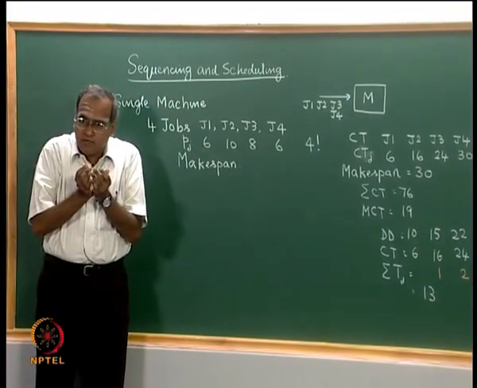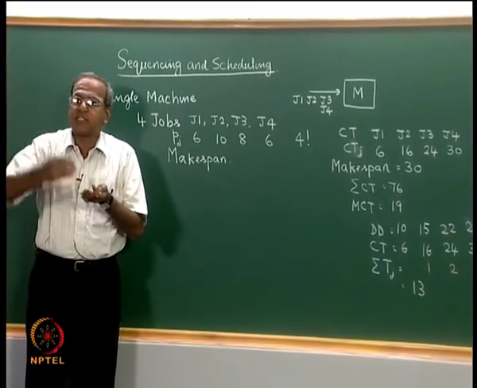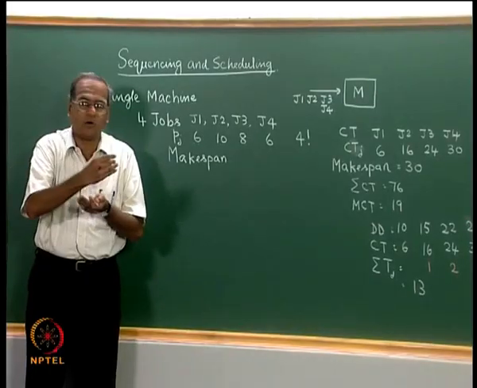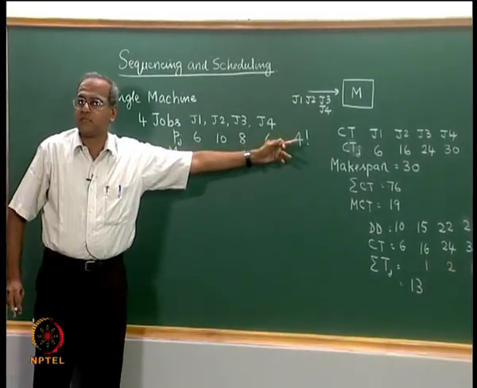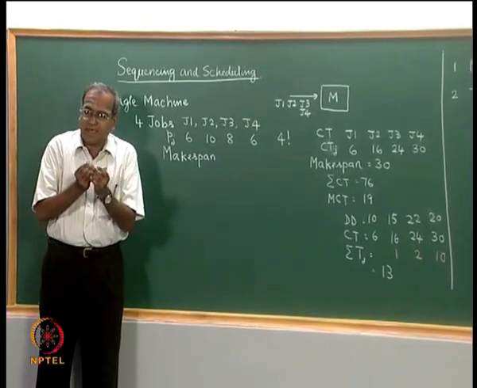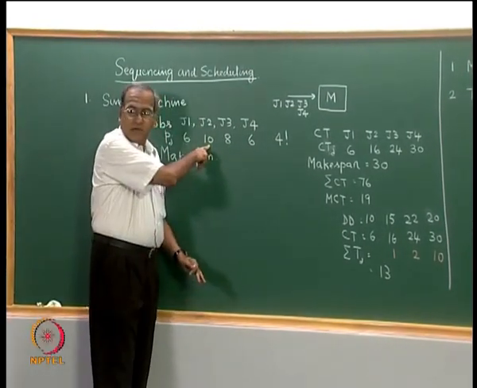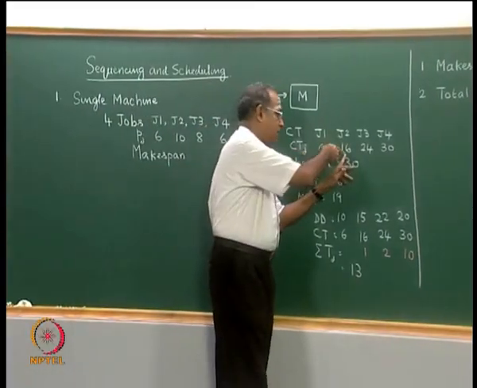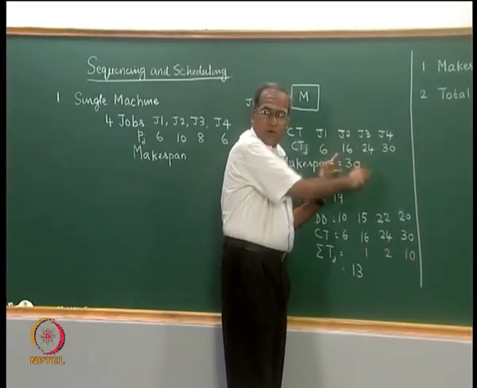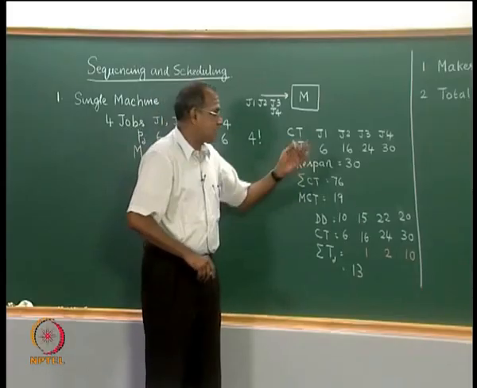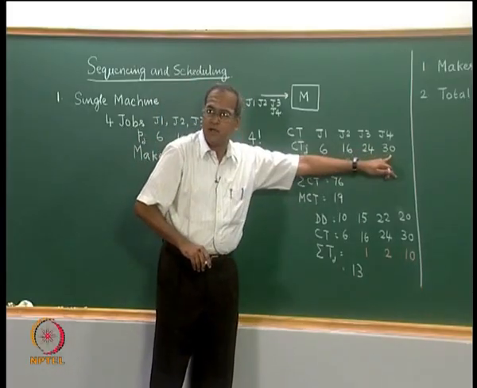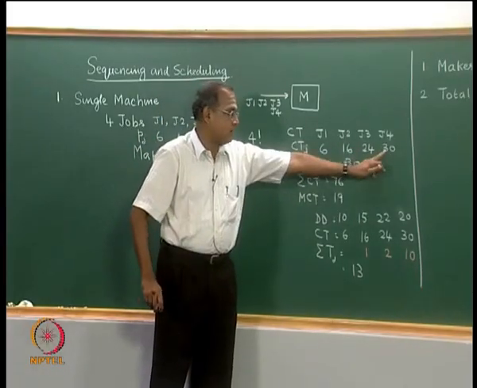Whatever job we fix as the first job, its processing time is going to contribute to all the 4 completion times. Whatever we pick as the second job, in this example 10, its contribution is going to be in 3 of them. Whatever we pick as the third job contributes to 2 of them. Whatever is the fourth job will contribute to only one.